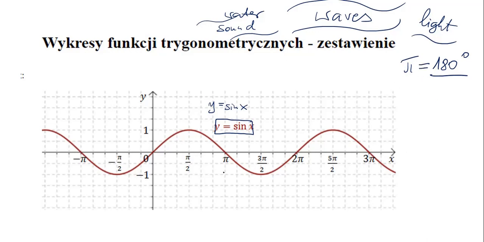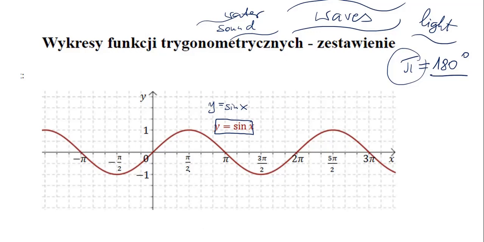So basically here you have 180, here you have 90 degrees, here you have 270, here you have 360, and so on. You have to learn this scale to be able to read this function. Why this is so is totally another story, so I will not explain it right here in this video.